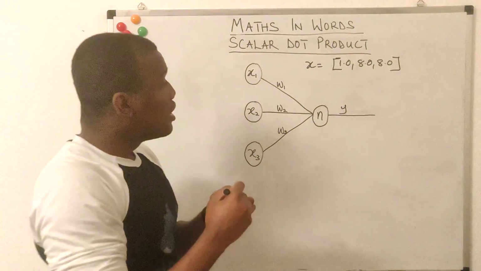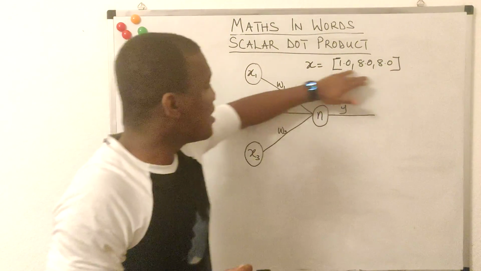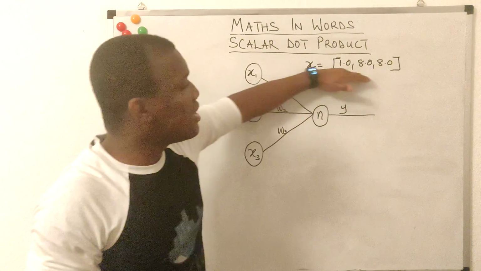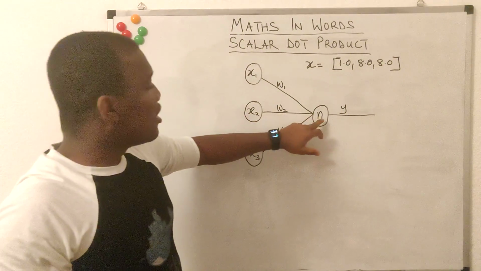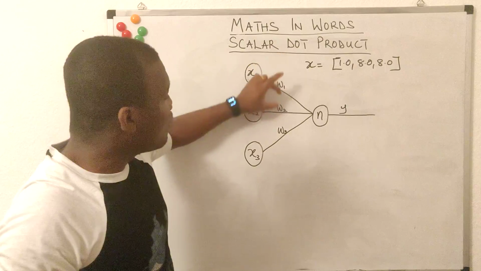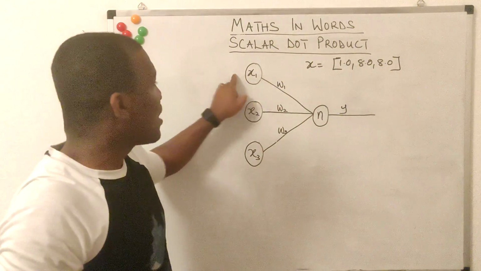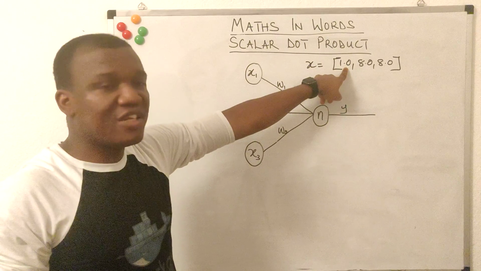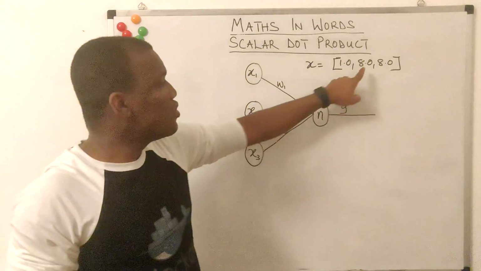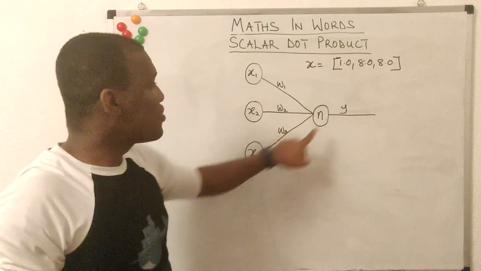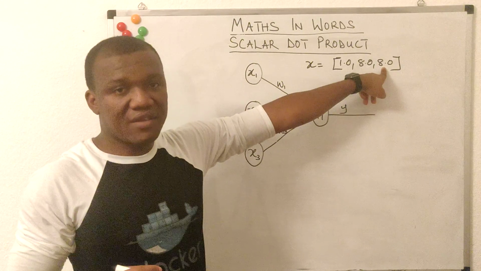If this is the training instance, the neuron is going to assign a weight to each of the features. So x1 represents the first feature in the training instance, x2 is the second feature, x3 is the third feature.